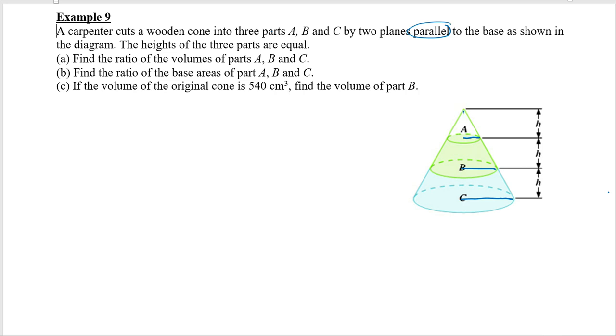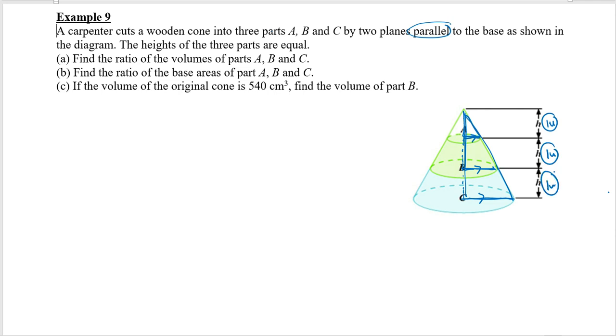If you drop down a height from the vertex, what we're looking at are similar triangles in a 2D plane. It is mentioned that the heights of the 3 parts are in equal portions, meaning that we are also looking at the ratio of 1 unit to 1 unit to 1 unit.